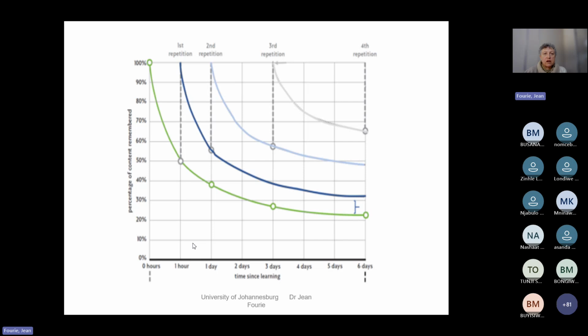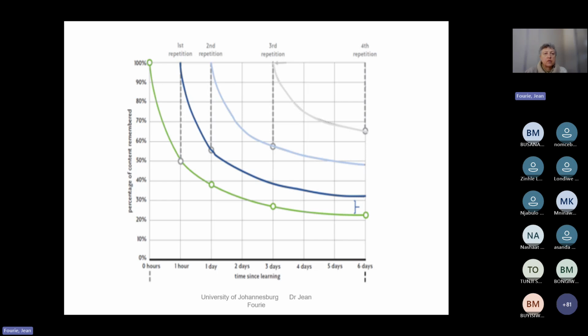This is a more refined version of the forgetting curve. And in this experiment, Ebbinghaus did a first repetition of the information in the first hour.